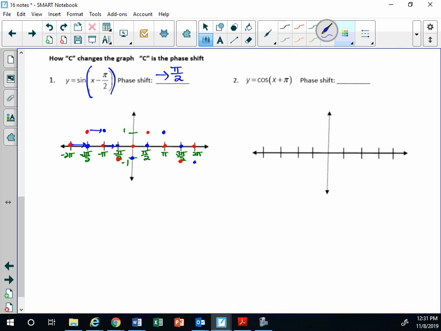Then you'd shift by pi, which is actually 2 tick marks. Okay, and then I can connect. So there's my graph. Questions?